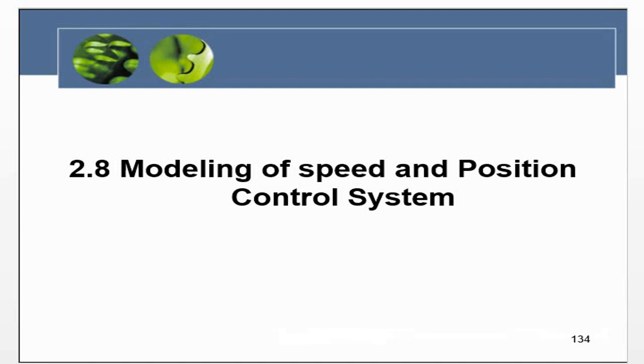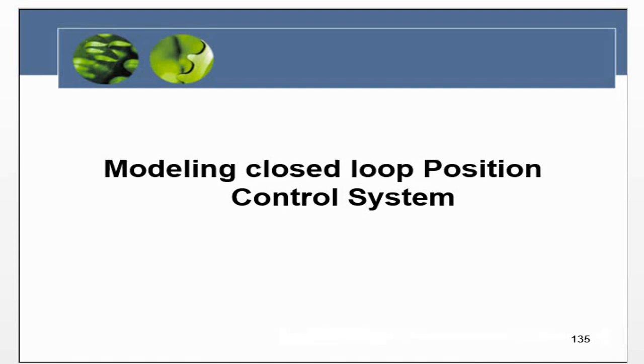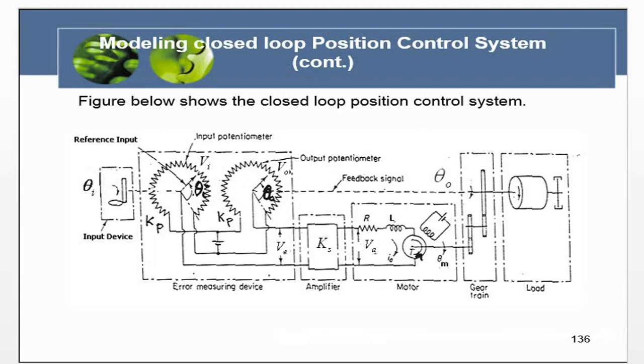Next, speed and position control, modeling of speed and position control of a system. Now, modeling a closed loop position control system. That is the example of a closed loop position control system.